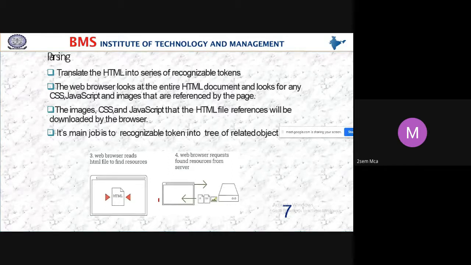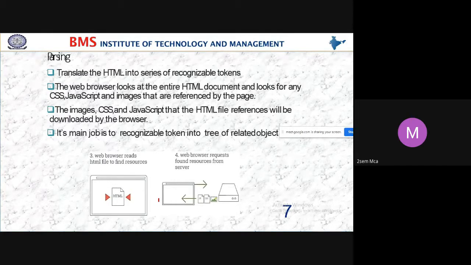Yes, students. The English statements we are writing are not understandable by the compiler. So the instructions are parsed, and after parsing, the instructions are in machine-understandable language, and based on that we are getting the result.